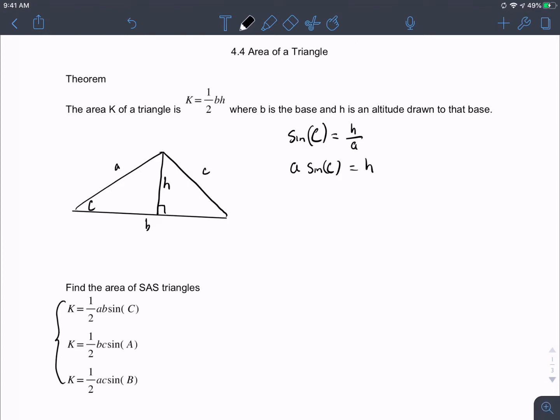And then what I'm going to use is this equation that was given, and I'm going to use that to generate the formula down below.